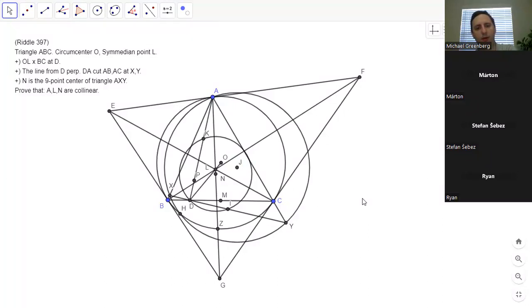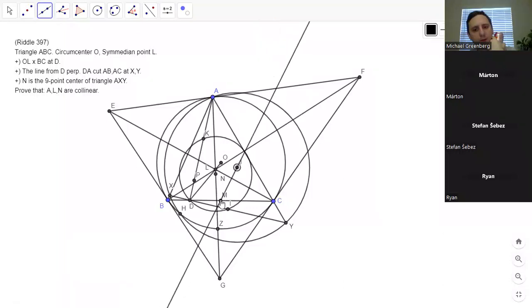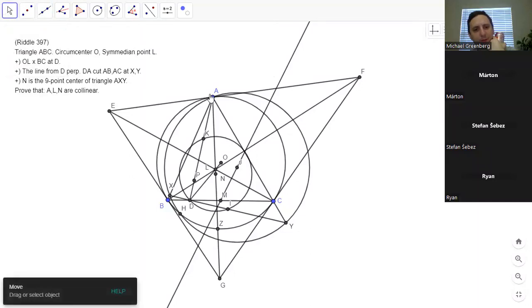Because if AJP was a right angle, J is the circumcenter of AXY and P is the orthocenter. But it's an interesting idea. I don't think that's actually collinear. No.